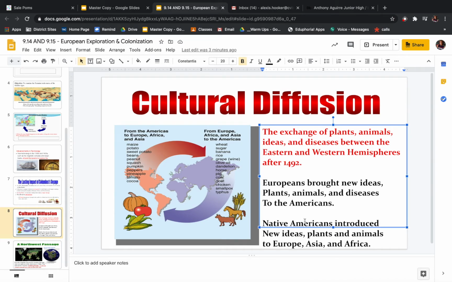Native Americans, that are people in the Americas, introduced new ideas, plants, and animals to Europe, Asia, and Africa. All right, so the Europeans brought some of their things, but the Native Americans introduced people to those things. The difference between the words, so brought, because the Europeans were the ones who traveled, so they packed things with them, brought them with them, right?